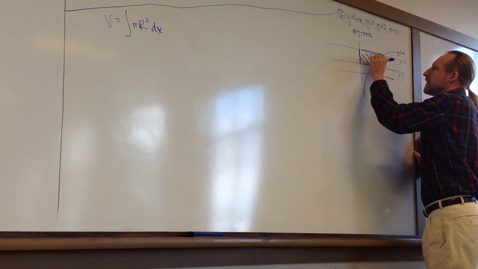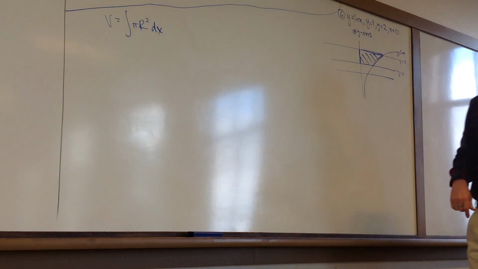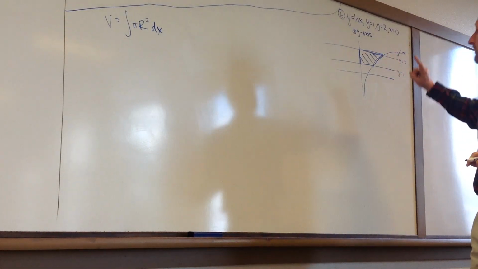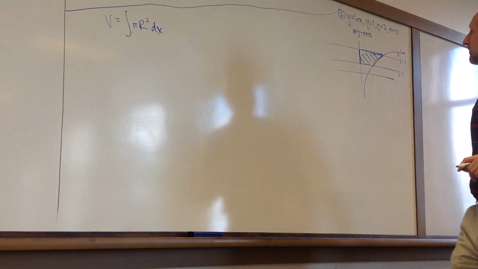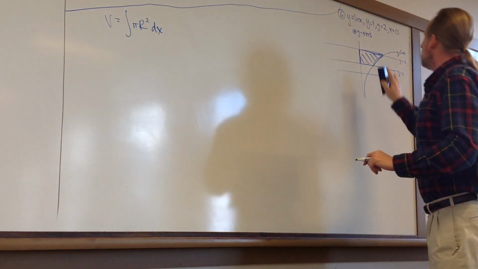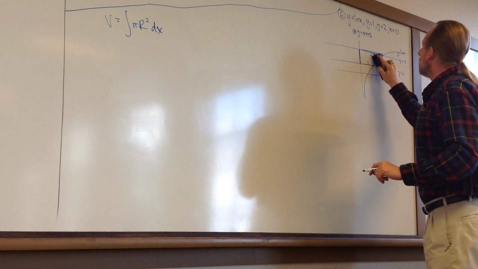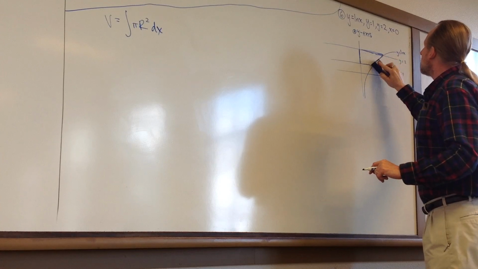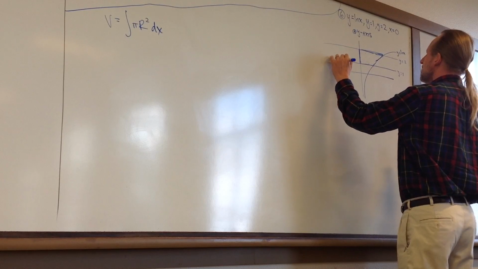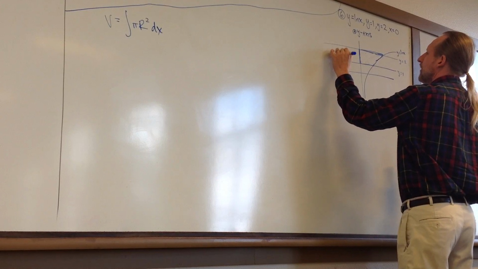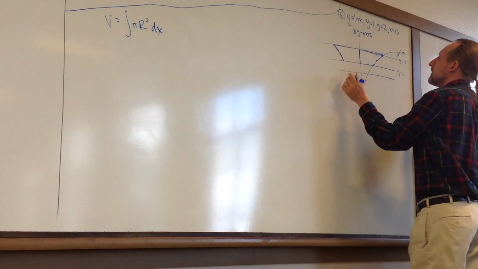I'll shade it in and then I'll erase that shading in a second. Okay? So that's the area that's going to get rotated, and we're going around the y-axis this time. So if we rotate this around the y-axis, we're going to get like a mirror image over here. It's going to look something like that.